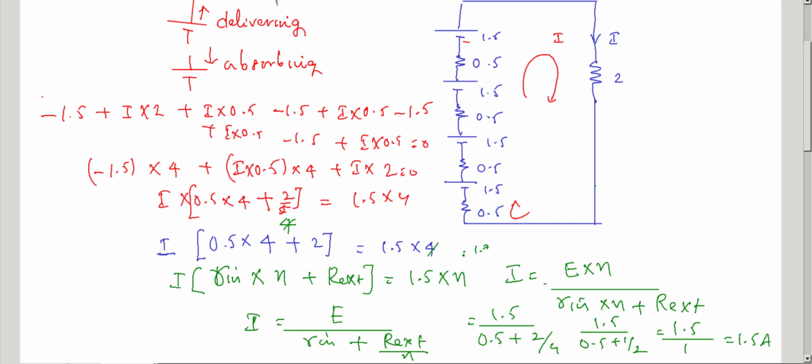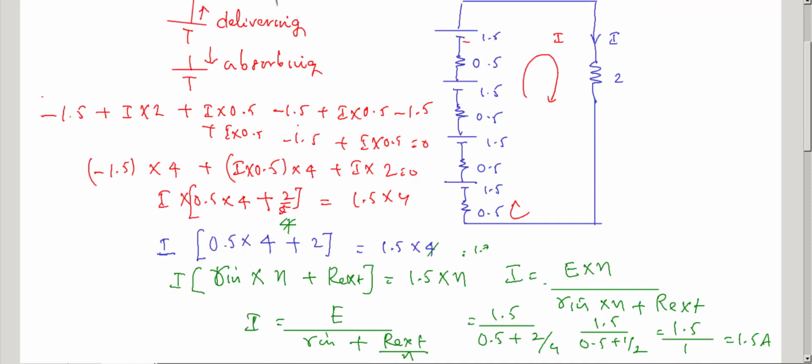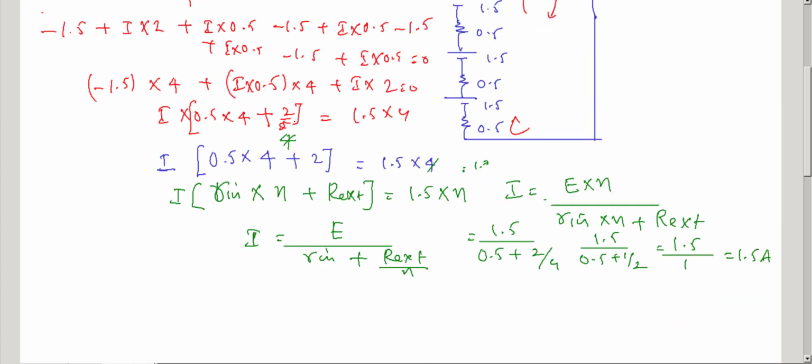So you can observe the formula: if n batteries having internal resistance are connected in series, what is the formula? I equals E, the battery EMF, divided by internal resistance plus R external by N.